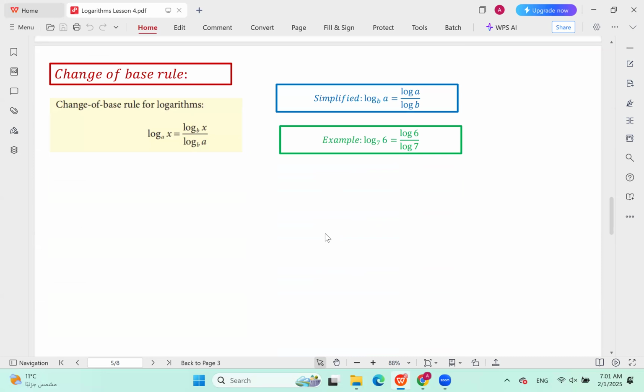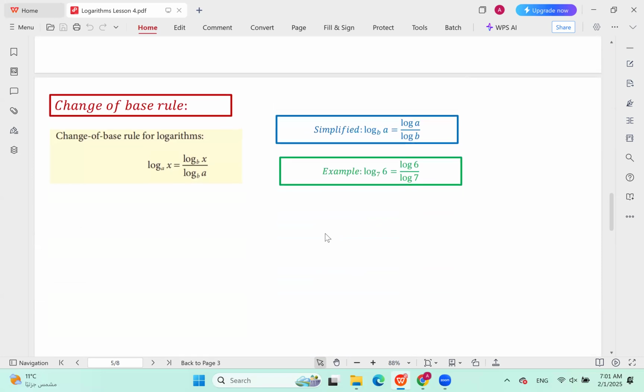Now, before we proceed to more advanced examples, we are going to discuss what we call the change of base rule. It looks a bit complicated. We're actually going to use a much simpler alternative. So they say log base a of x equals log base b of x over log base b of a. I'm just going to write the same thing exactly, but without the base.